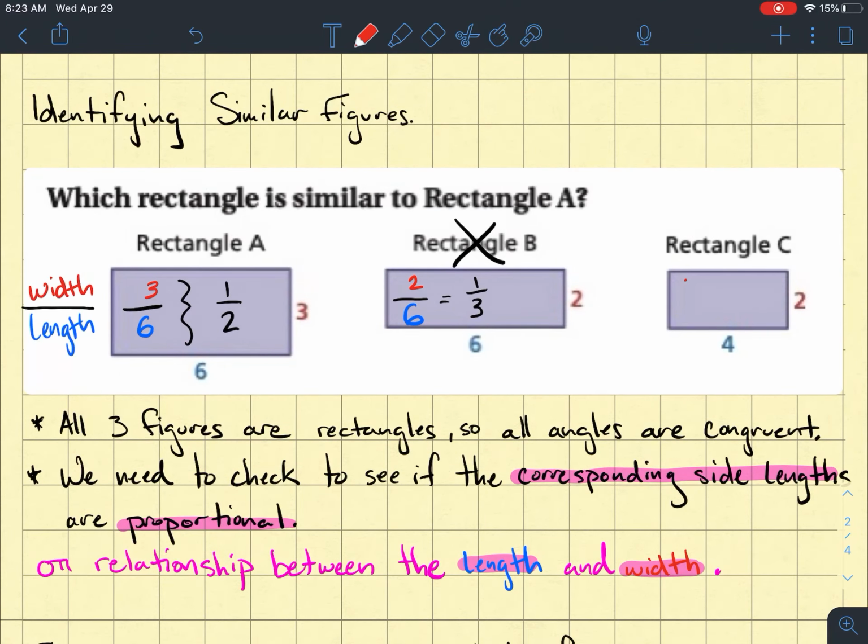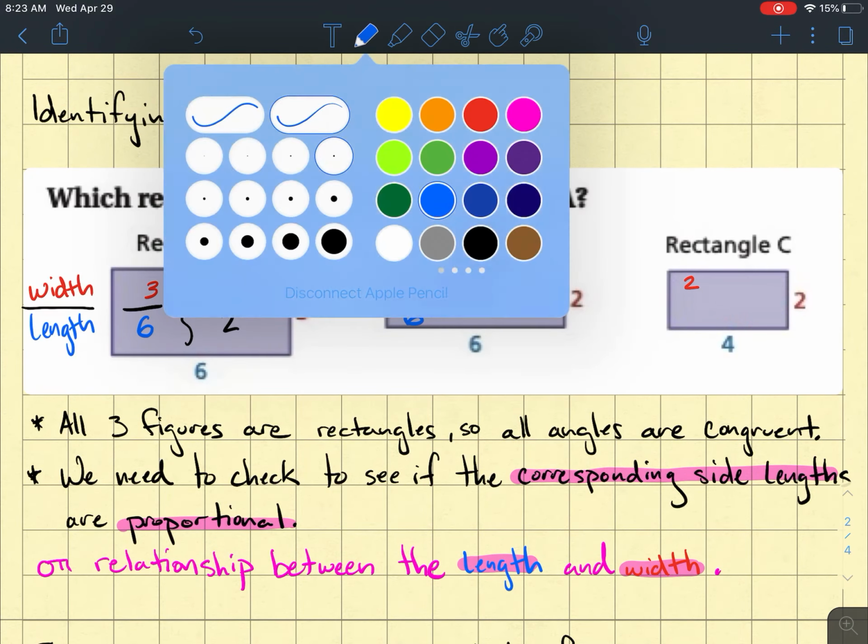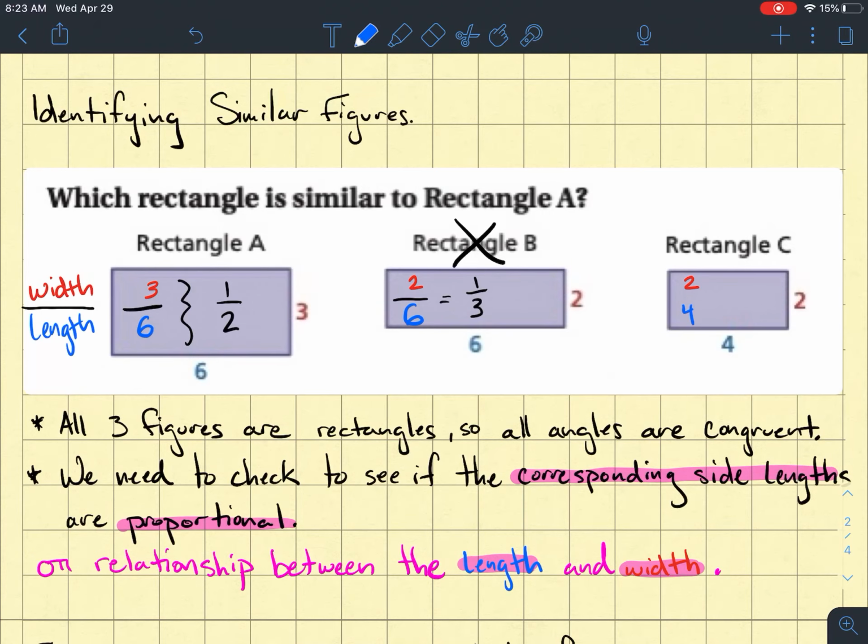Let's take a look at rectangle C. Its width is 2, its length is 4, and if you simplify that ratio, it's also 1/2. So because they have the same ratios of their corresponding side lengths, C is similar to A.